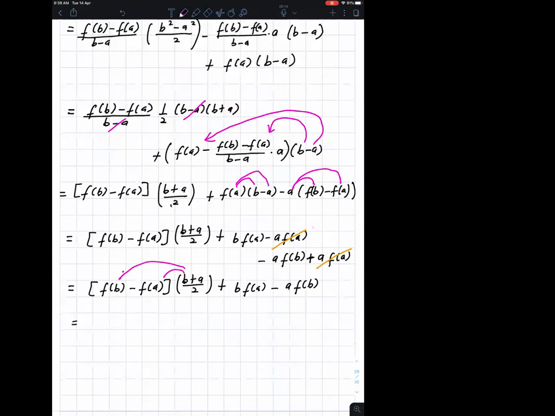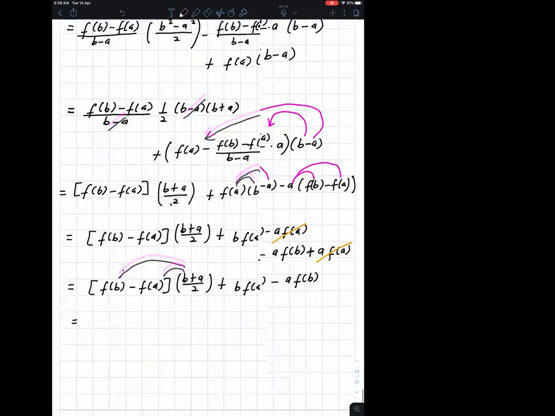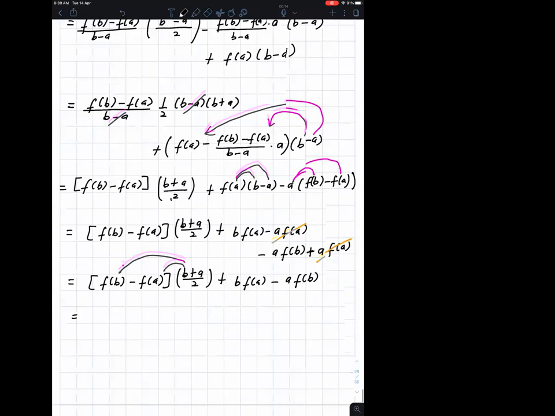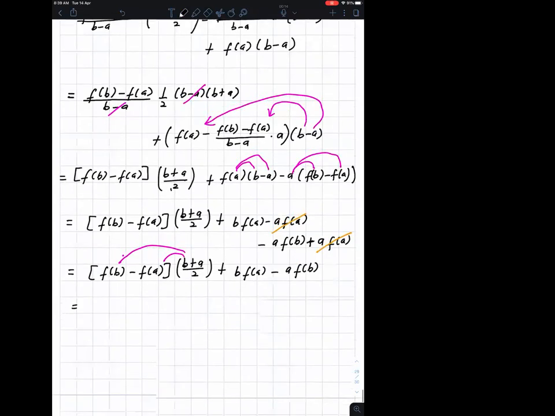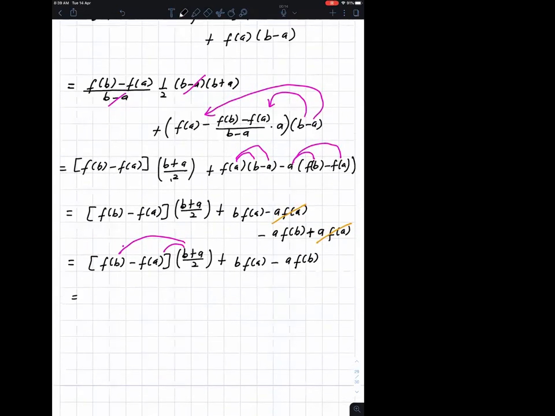So you leave, so of course, there's some serious algebra work being done here. So you have to make sure that you do them without making many mistakes.